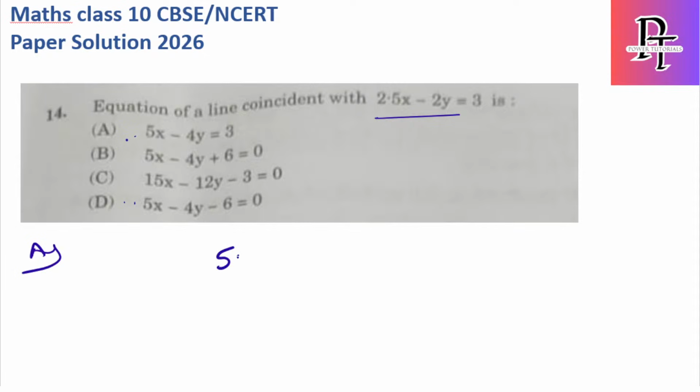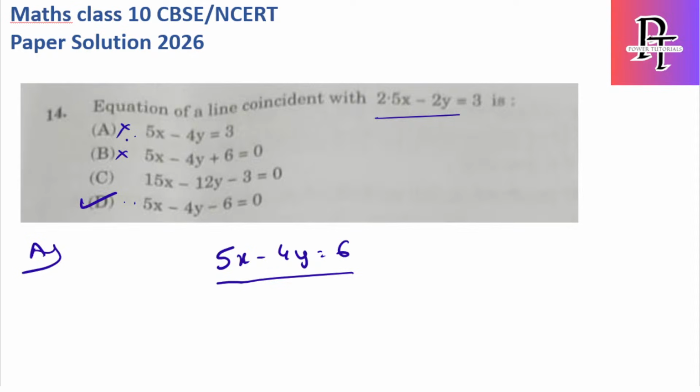I will get 5x, 2 into 2 is 4, 3 into 2 is 6. So just check whether this is there in any of the options. 5x minus 3y is equal to 3. This is wrong. 5x minus 4y plus 6, it cannot be plus 6, it is equal to 6. So this is also wrong. What about D? 5x minus 4y minus 6 equal to 0 or equal to 6. So both are fine. So the answer is D.